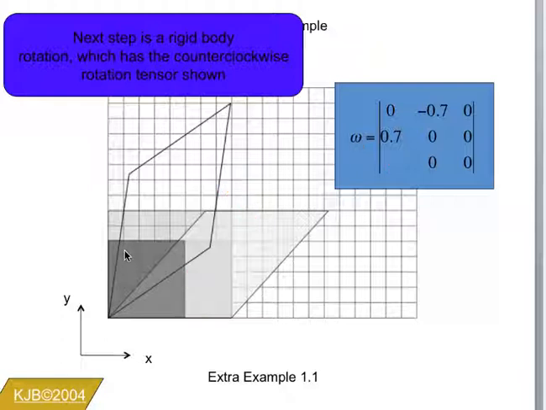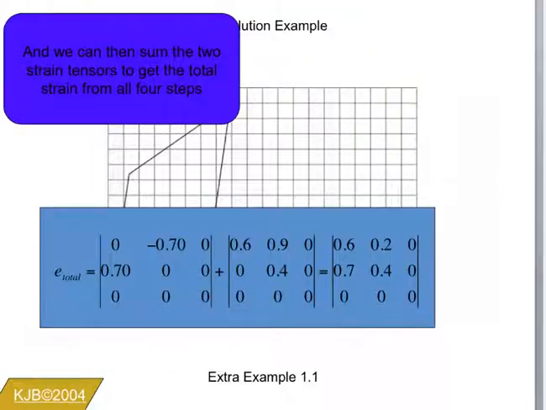But we can get to the following result, which is shown here, so that the total strain is described here as the sum of the rotation plus the deformation to give the total. And that will be the approximate solution for the distortion from the initial square to the final object.